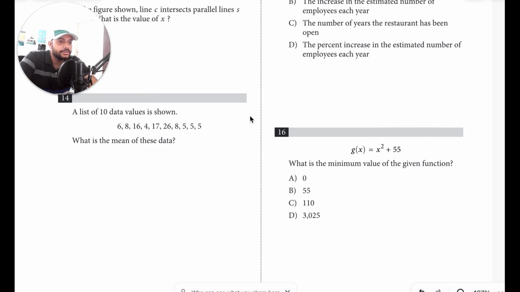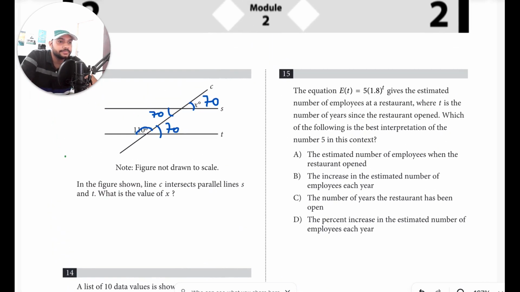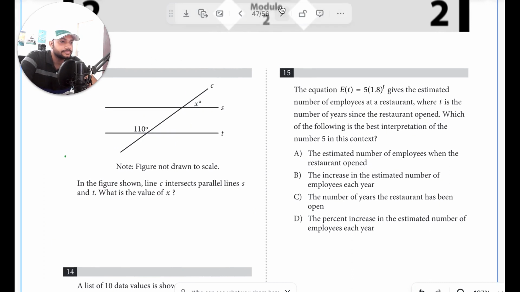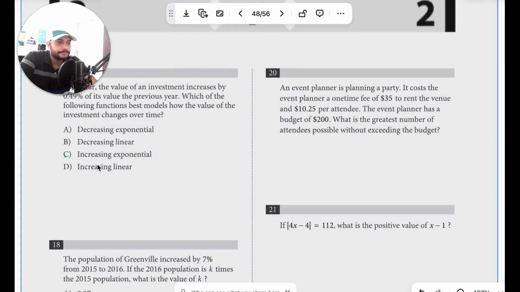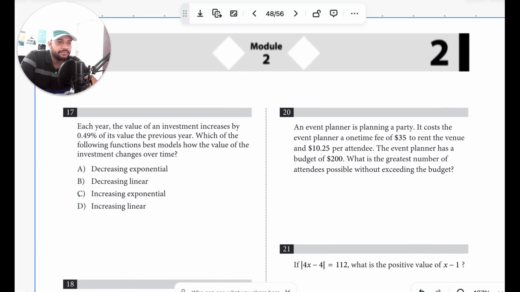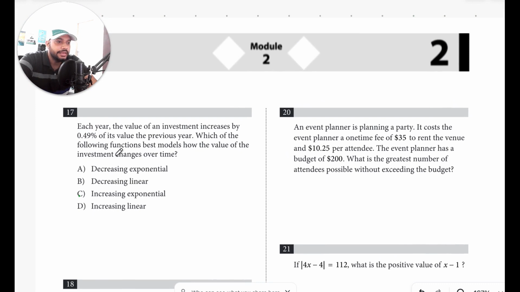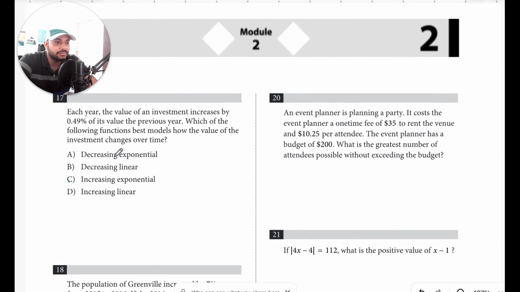Let's go ahead to the next one. Good. Question number 17. Each year the value of an investment increases by 0.49% of its value of the previous year. Which of the following functions best models how the value of the investment changes over time? Increases by 0.49% of its value the previous year.